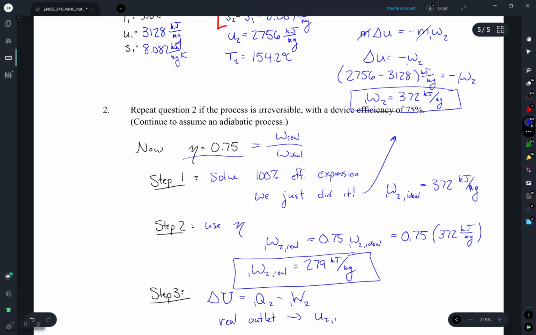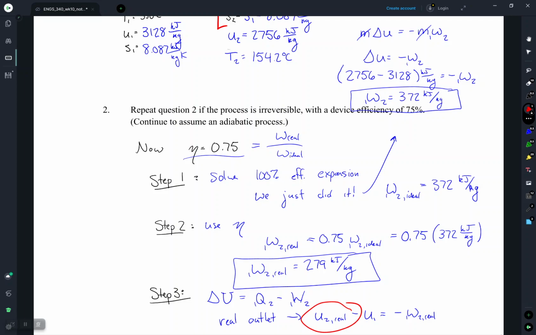It would be U2 real minus U1 equals minus W12 real. And then we could use that to find what's actually coming out, what's actually the final state of this expansion process.